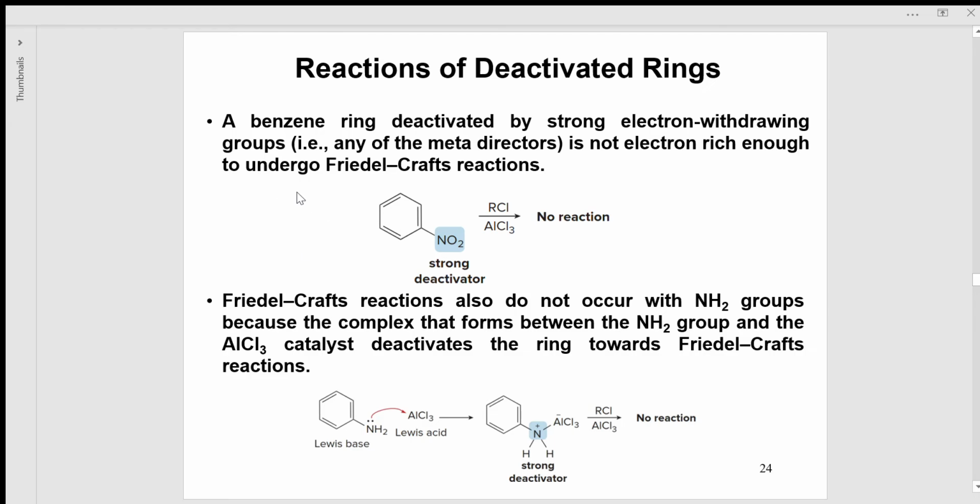Although we have an electrophile here, something bearing positive charge, because the electron density in this benzene ring is significantly reduced by the nitro group, there is no reaction between the electrophile and this benzene ring. And another limitation is the reaction with aminobenzene.